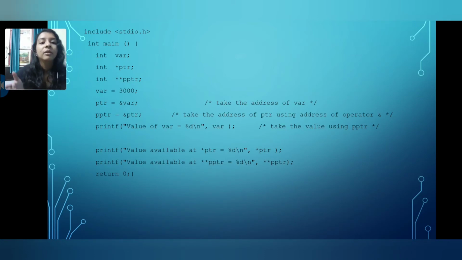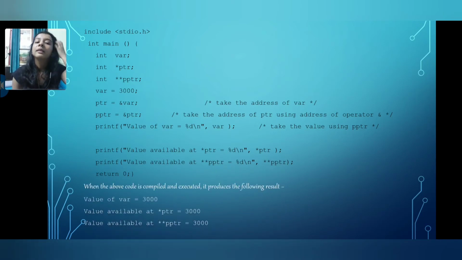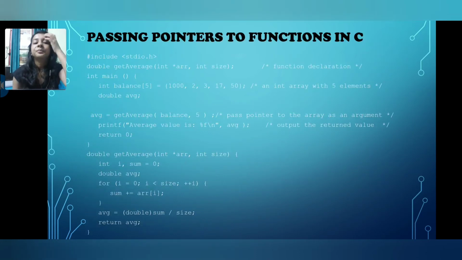So if you print the values, all would be the same regardless of the variable you use, because the asterisk ultimately gives the value at the address. In all three printing statements, the output will be the same, which is 3000, the value of the integer variable. I hope I have illustrated the use of a pointer to a pointer.